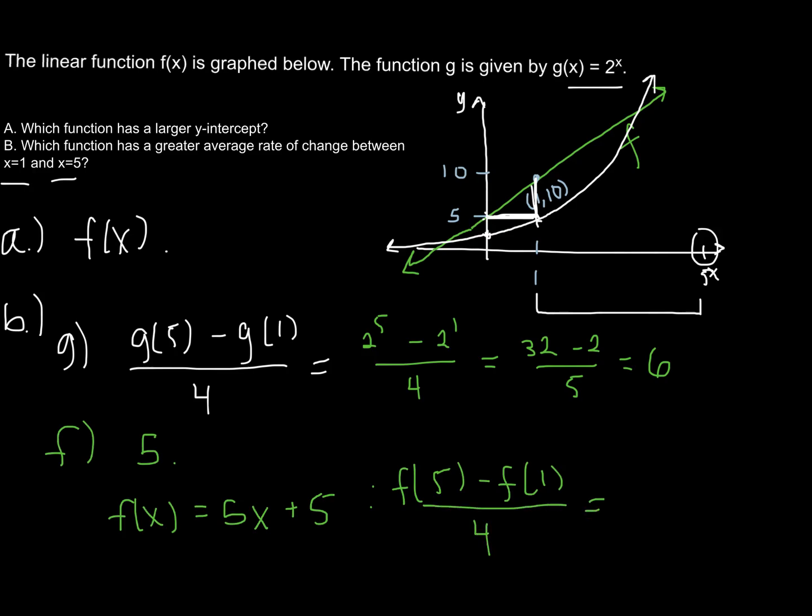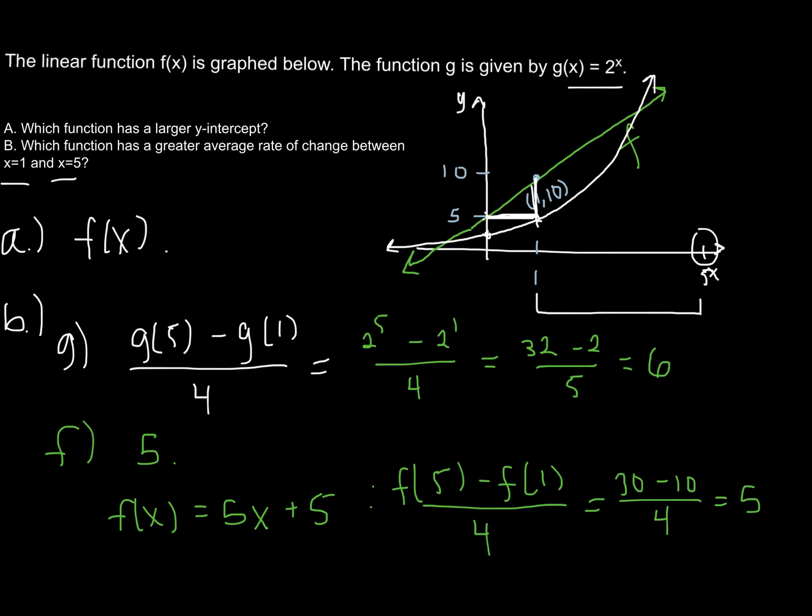Well, using this formula, 5 times 5 plus 5 is going to be 30, and f of 1 is 5 times 1 plus 5, which is 10, over 4. This is 20 over 4, which is 5.